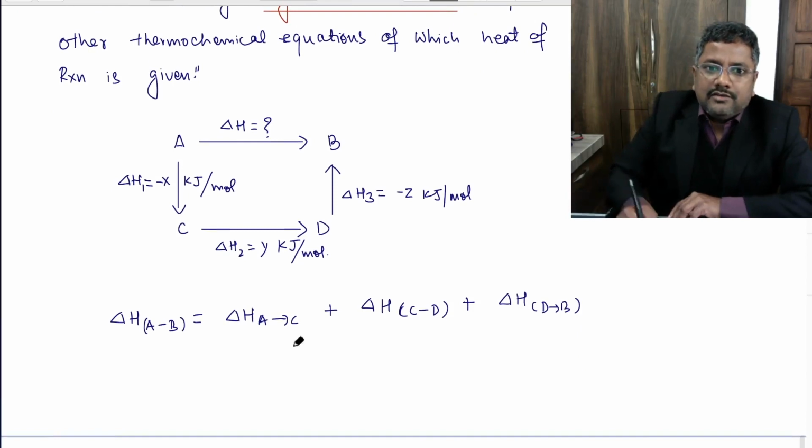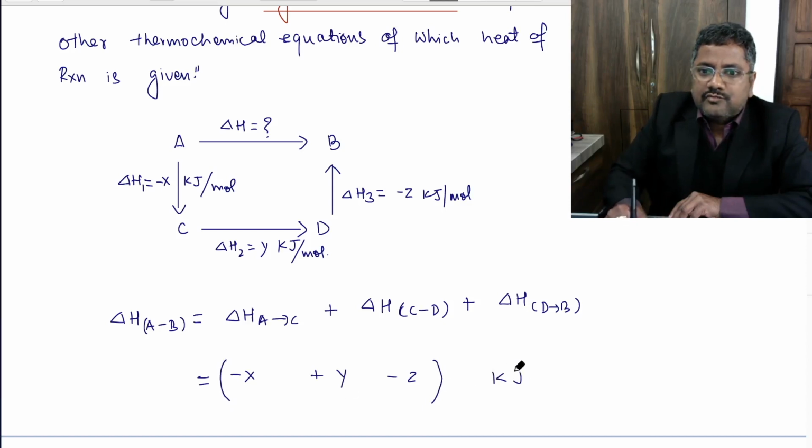So accordingly you can put the value here, minus X plus Y plus minus Z, so minus Z kilojoules per mole.